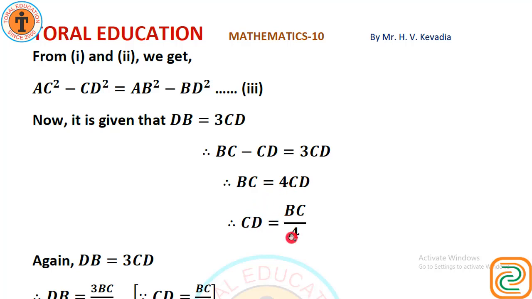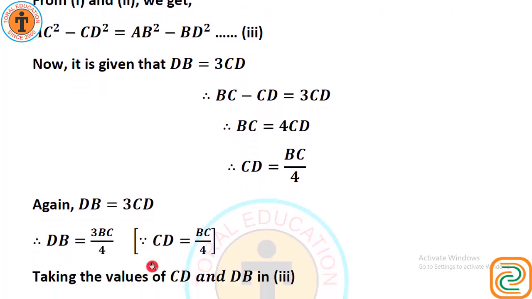Therefore, CD equals BC upon 4. Again, BD equals 3CD, therefore BD equals 3BC upon 4, because CD equals BC upon 4.